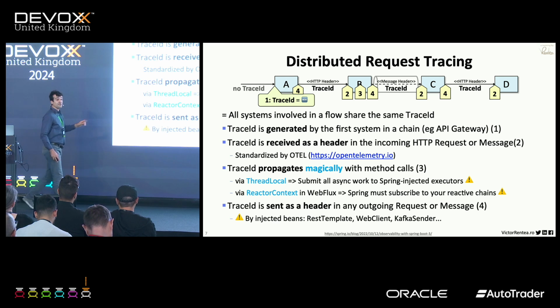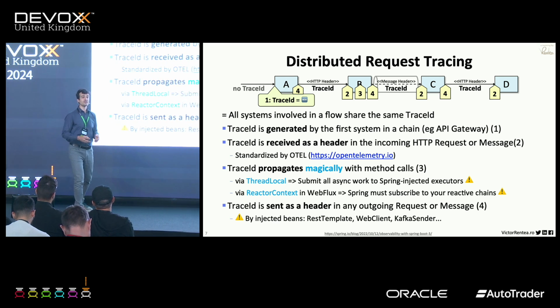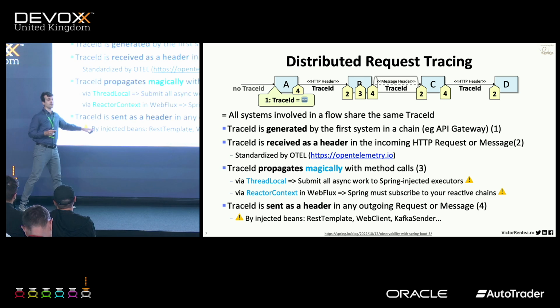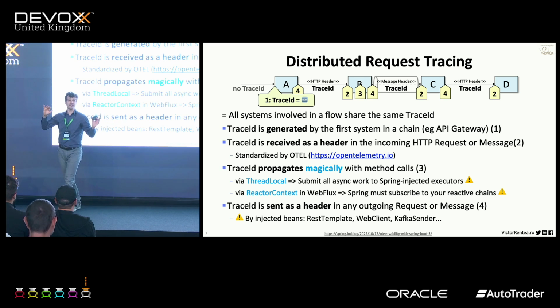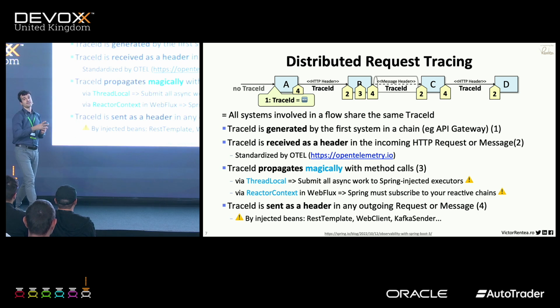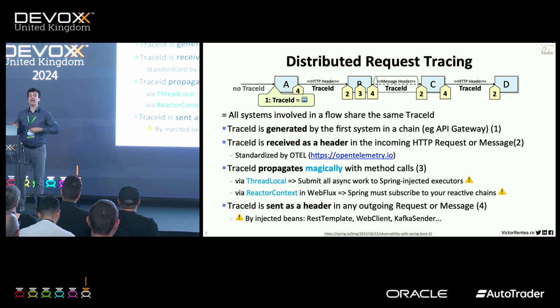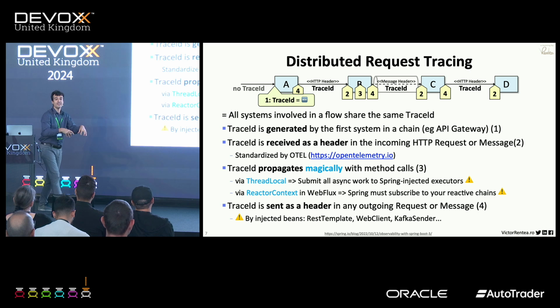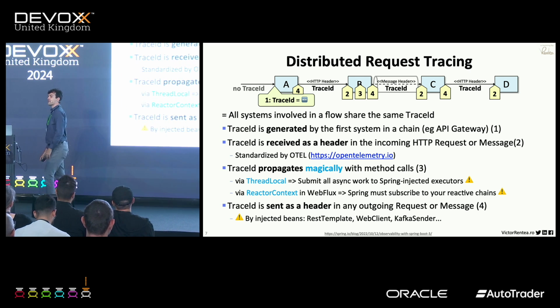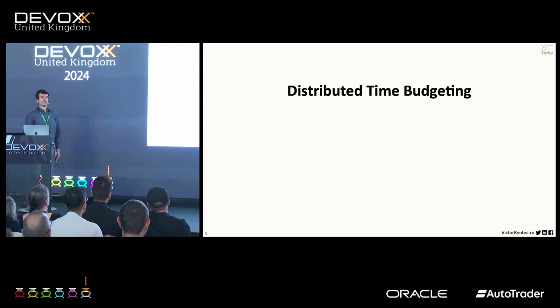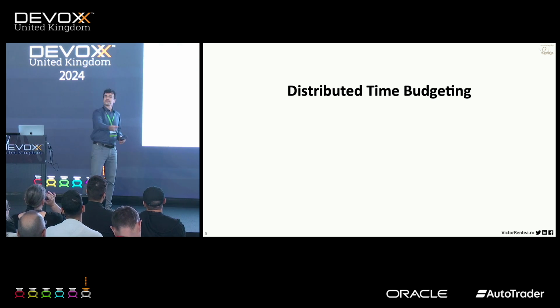And once you send the request or a message outside, you need to be careful again to use some Spring decorated mechanics, or whatever framework you're using, that will take from the thread and put it in the header. This is the stuff that we have to care about when we code. There is, of course, infrastructure around us, but this is something you need to remember. Now, we have this trace ID moving through systems.